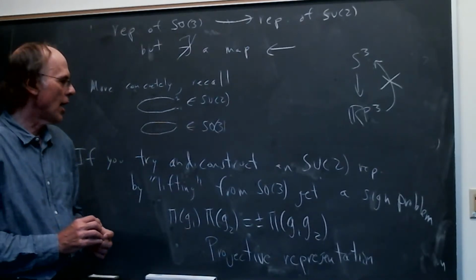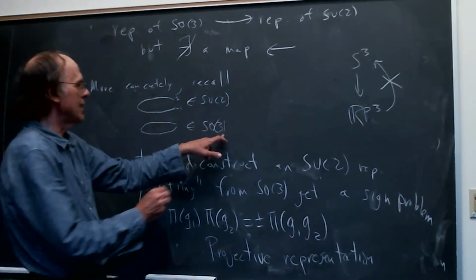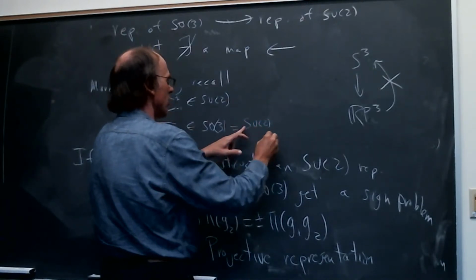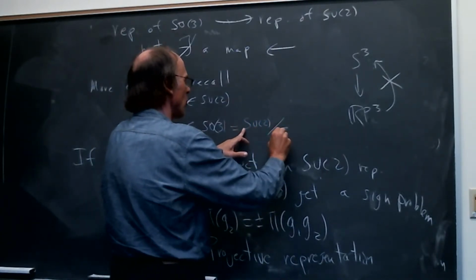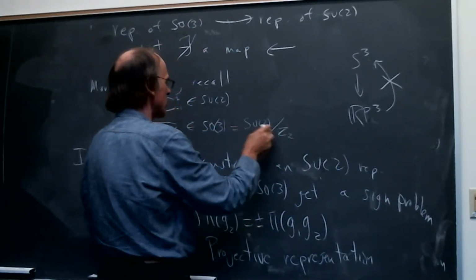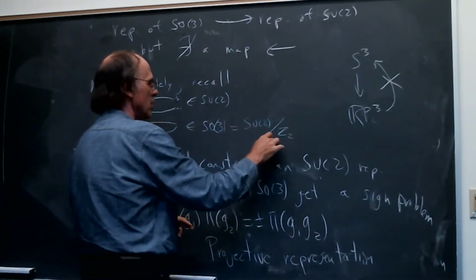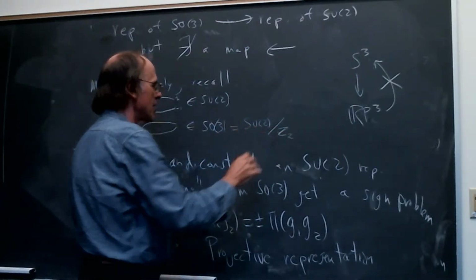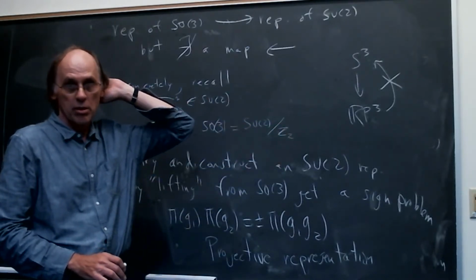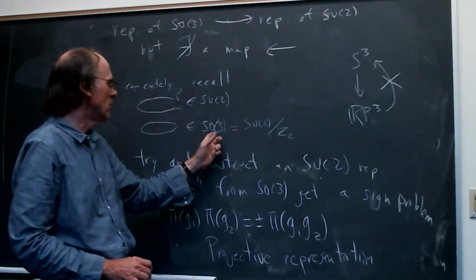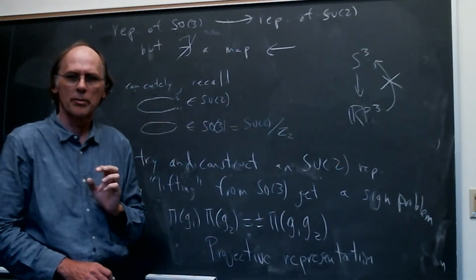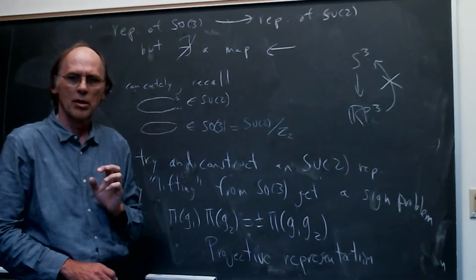Well, I would say that SO3 is SU2 quotiented by that subgroup. That's true, but that doesn't really tell you anything about representations, though.